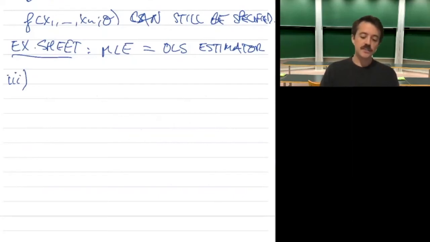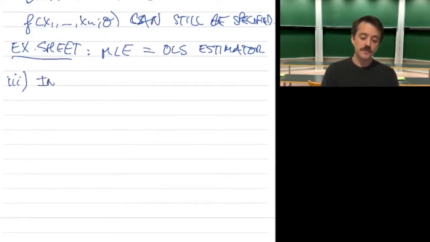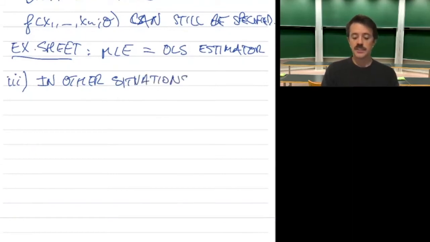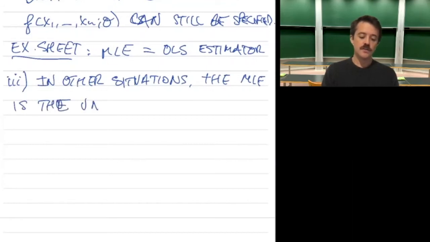What we can say is that in other situations, or settings, or models, essentially, the MLE is the unique maximum of the log likelihood, but it can also be the unique zero of the so-called score function.